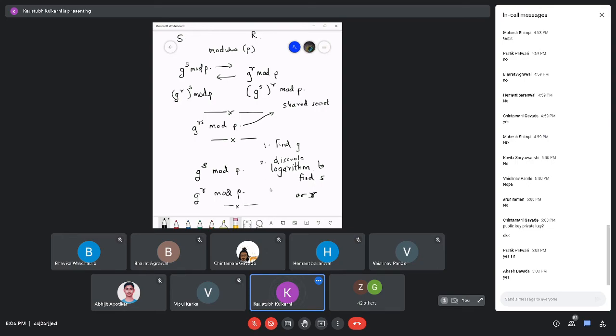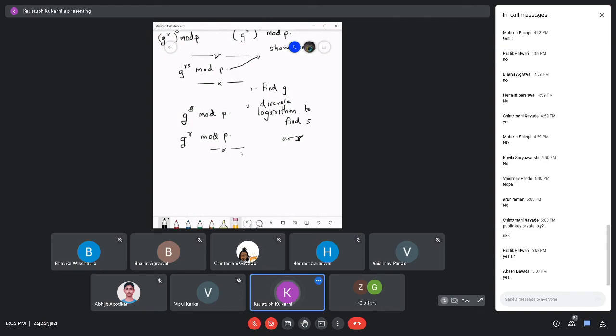Now this is not a simple problem. For smaller numbers, it is simple to find the logarithm. For example, if 2 raised to x is equal to 32, you can know it by memory, or you can try 2 raised to 2, 3, 4, and 2 raised to 5 is 32.